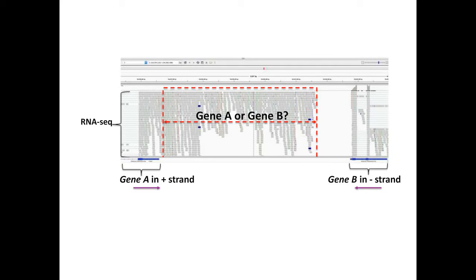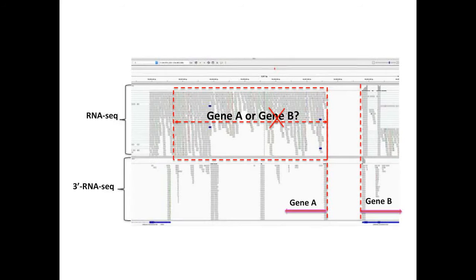Because we see all these reads between the two genes based on RNA-seq, we can't tell where they belong. So we use 3' RNA-seq. It shows that all these reads belong to gene A, not gene B, because of the direction of the reads.